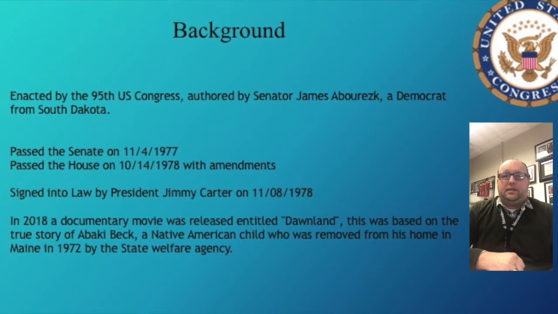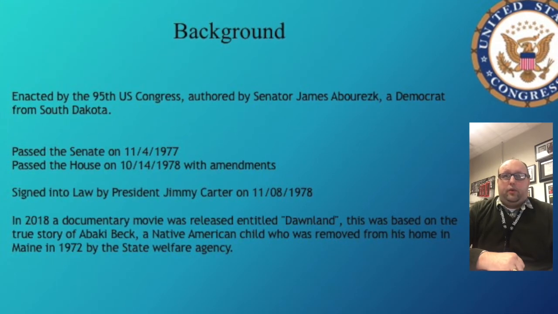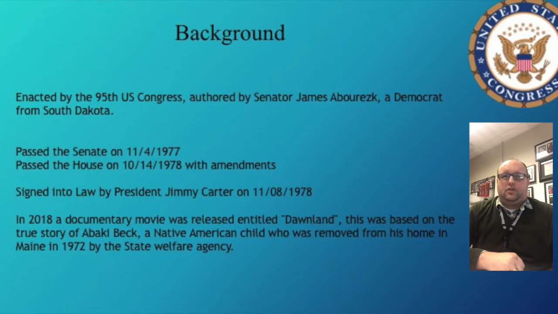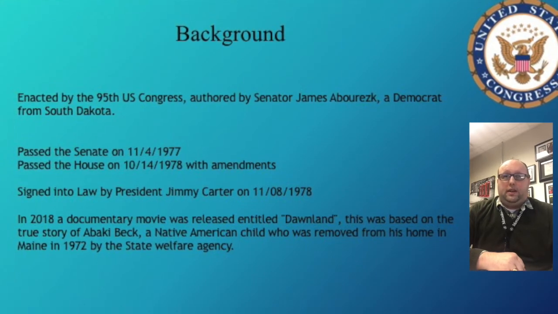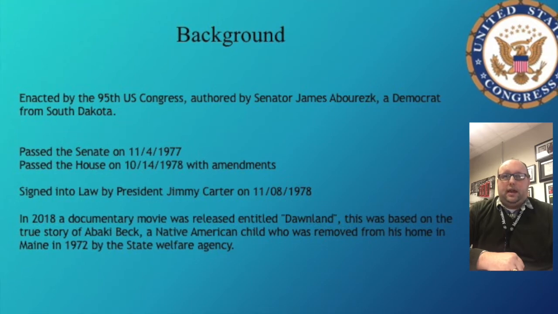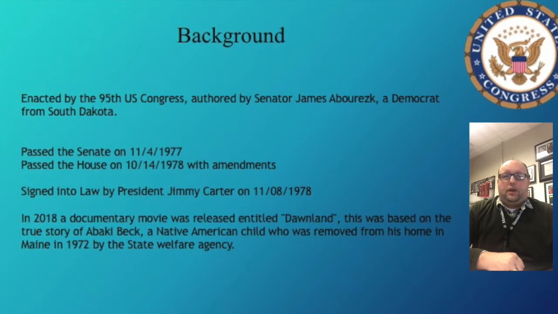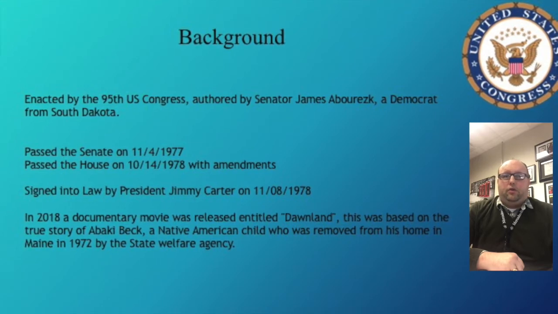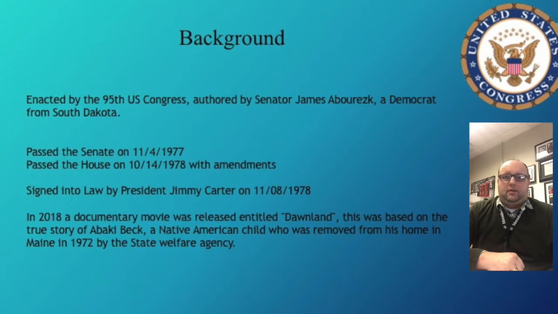It was passed by the Senate on November 4th of 1977 and was passed by the House on October 14th, 1978 with amendments. President Jimmy Carter signed ICWA into law on November the 8th of 1978.